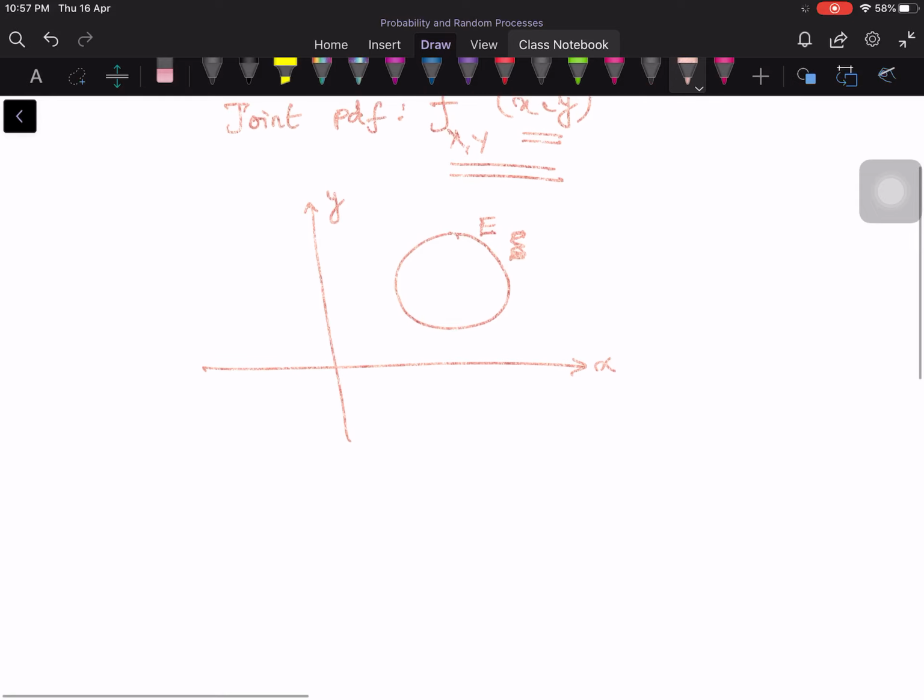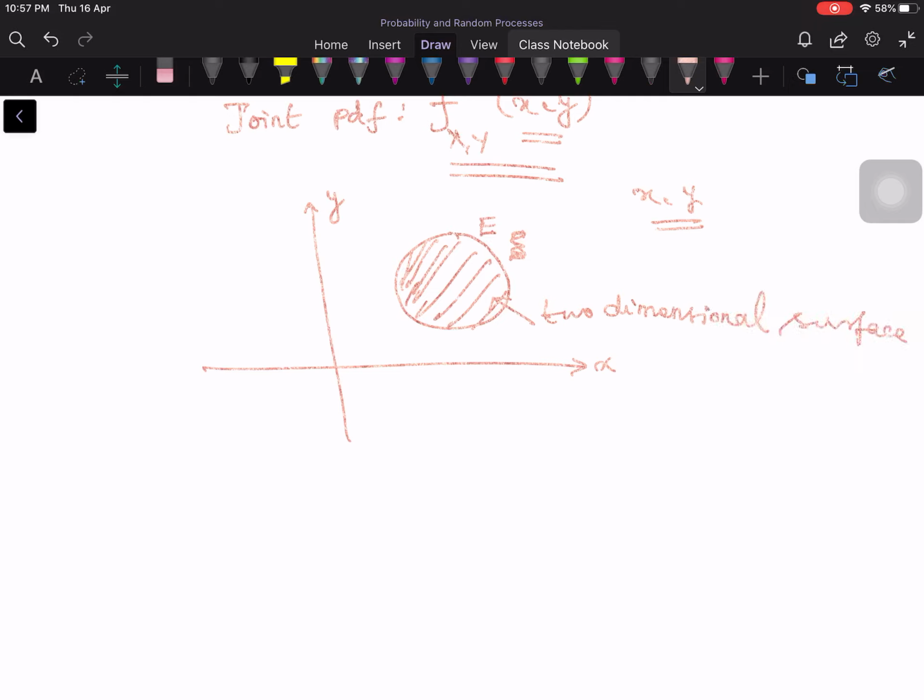We are given this function f_XY of x comma y, the joint density. It is a function of two arguments, x and y. Think of that function as being some kind of surface that sits on top of this two-dimensional plane.